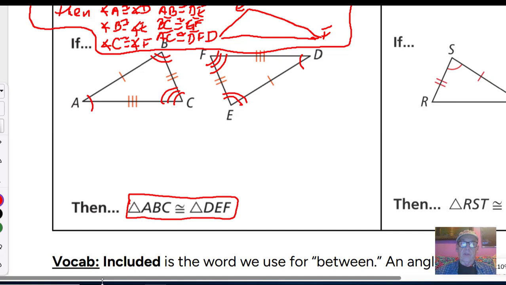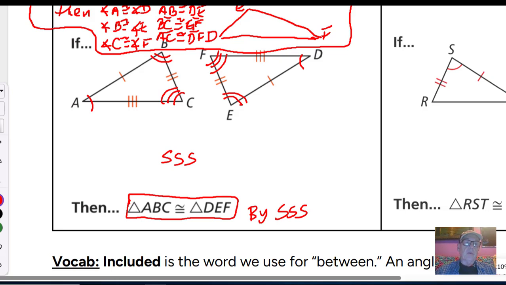So not only are the sides congruent by SSS, the triangles are congruent, which means that their corresponding angles and their corresponding sides are all congruent to each other.